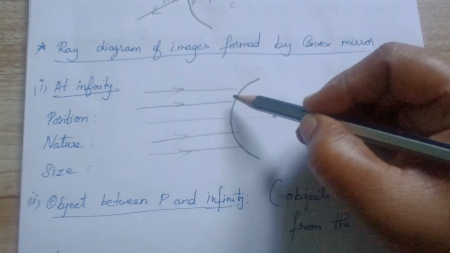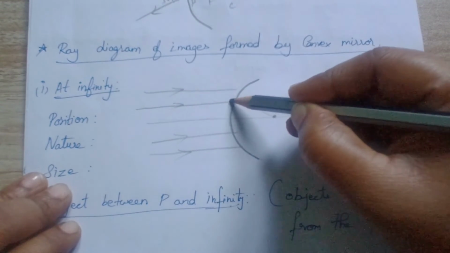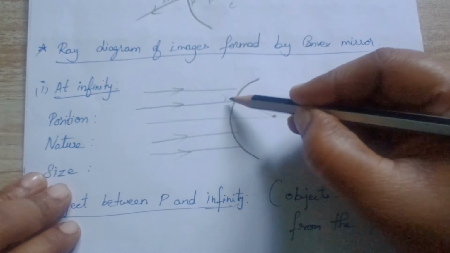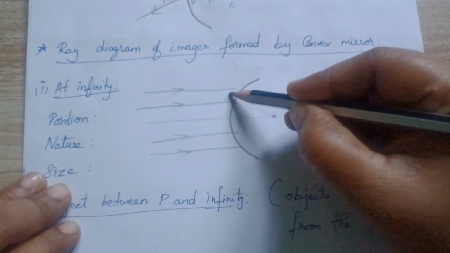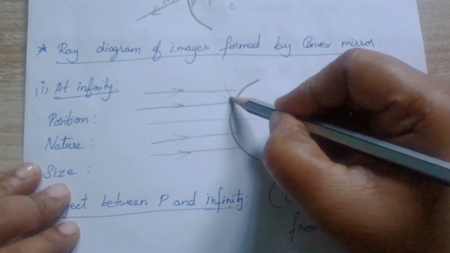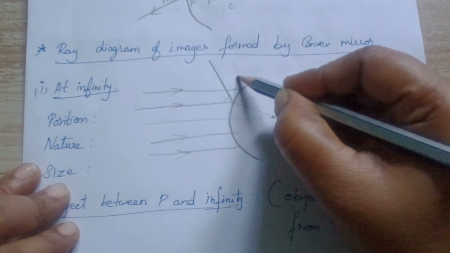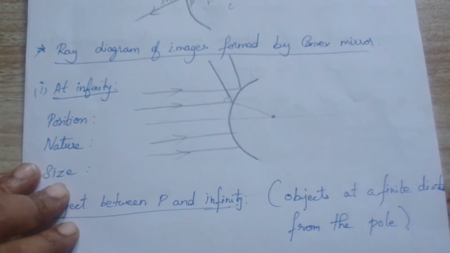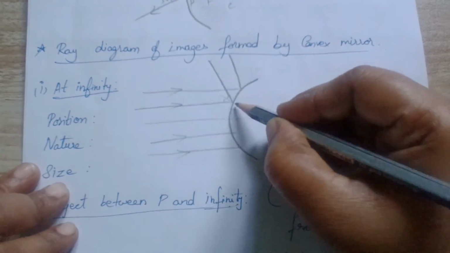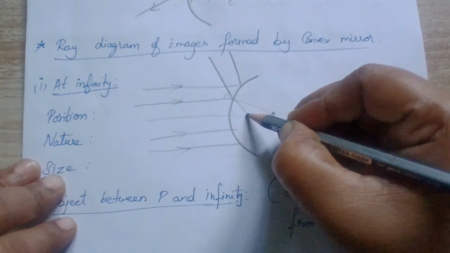For example, this is your normal, then it will be like that. This is your incident angle, which means your reflected angle will be like this. So it will diverge like this. Approximately I am drawing, it will diverge like this. So your focus point will be here.